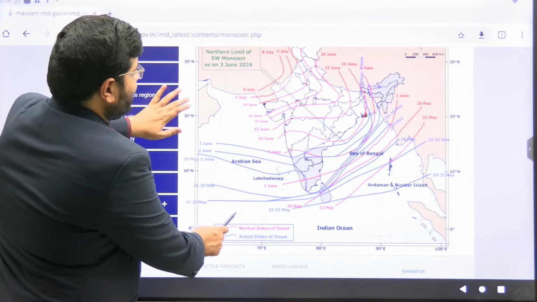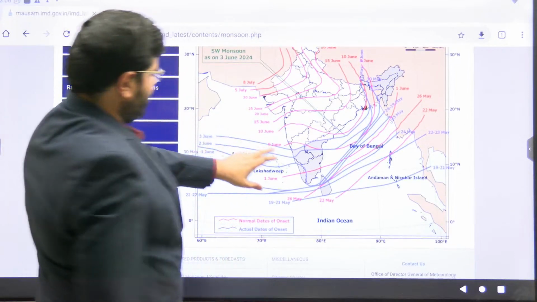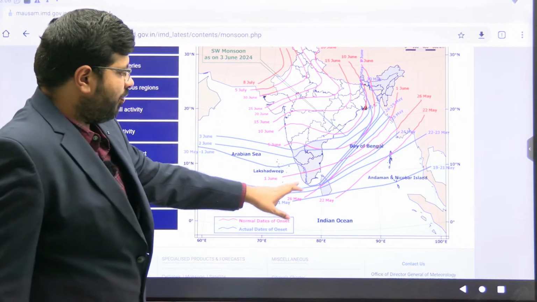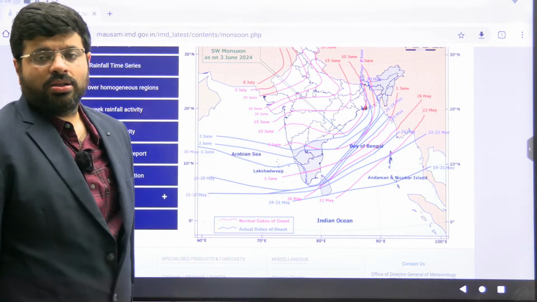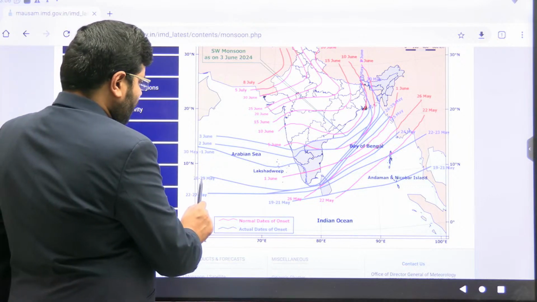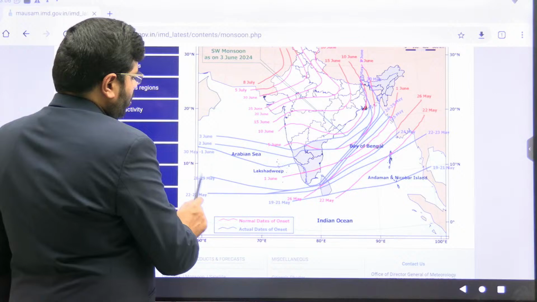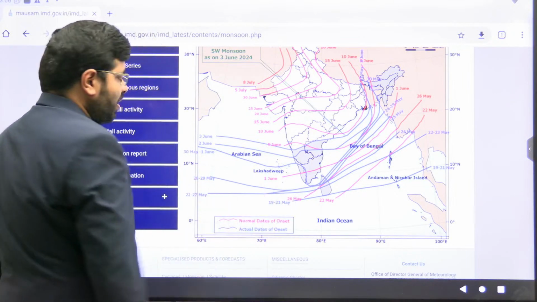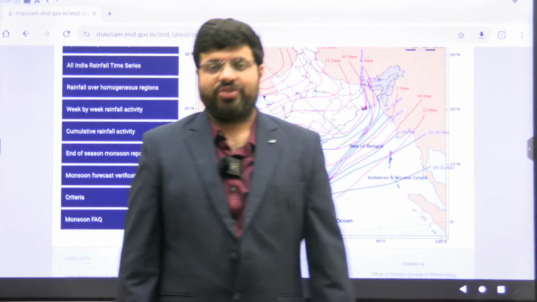So if you see the map right now, you can see it here. When do you think the onset has begun? The southwest winds have begun around 28th, 29th May to 30th May. So it began around 30th May, just 2 days ahead of June 1st.